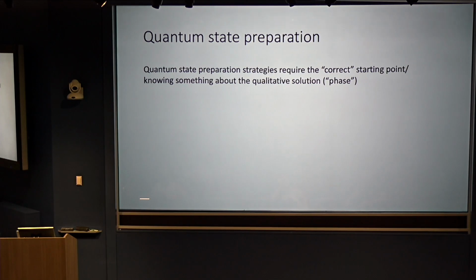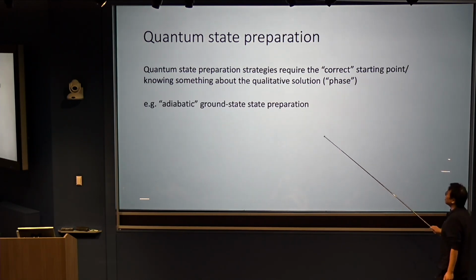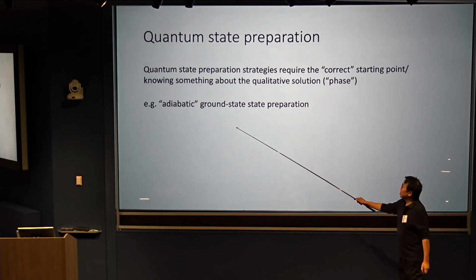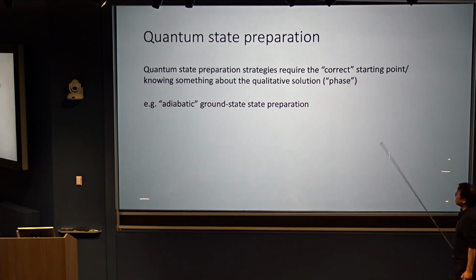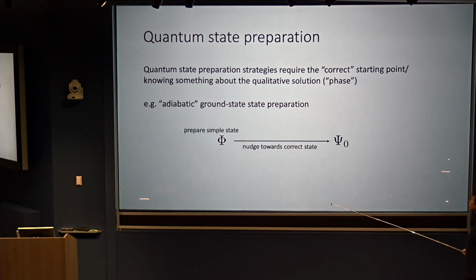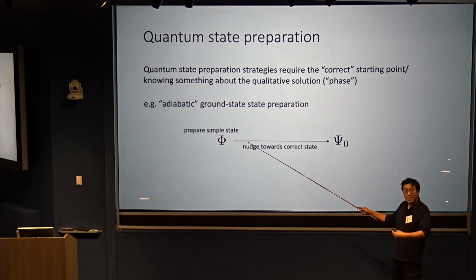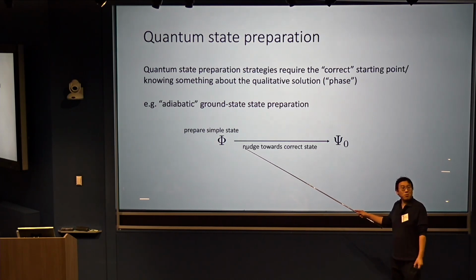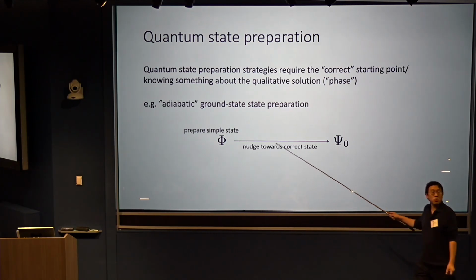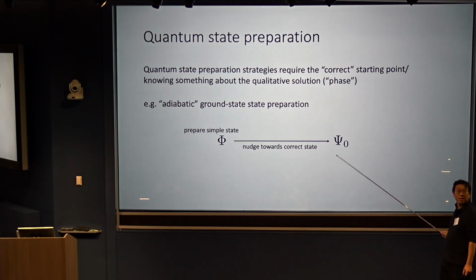And if I take one pretty standard preparation strategy in quantum computers, known as adiabatic state preparation, it works like this. Essentially, you prepare some very simple state that you just know how to dial into your quantum computer, and then you slowly nudge from that position to the correct state that you want to have a very large component of your ground state in.